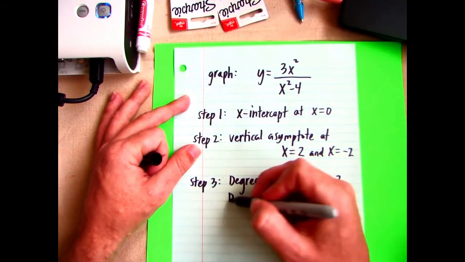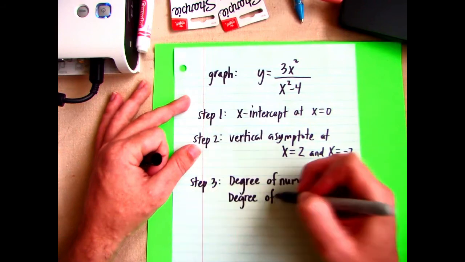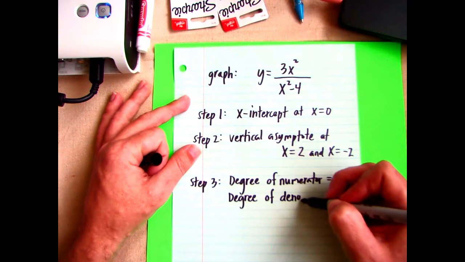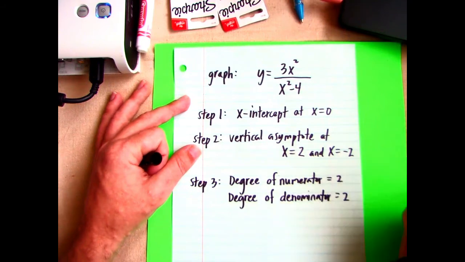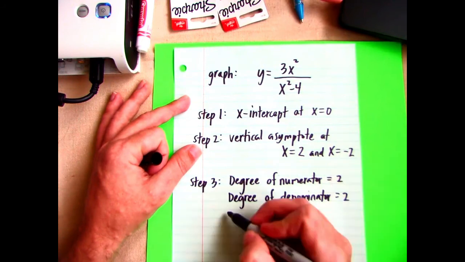So in this case, 3 over 1. So that means the horizontal asymptote is the line y equals 3, because if you look at the coefficients of the numerator and denominator, it's 3 over 1.